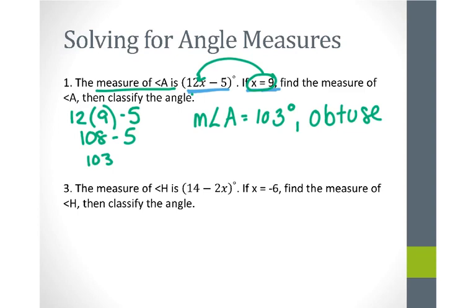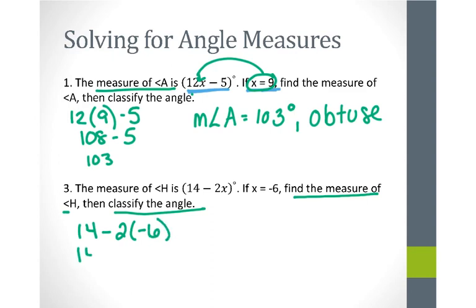Looking at number 3 off the notes now. The measure of angle H is 14 minus 2x. If x equals negative 6, find the measure of angle H, then classify. We have to do the same concept. So 14 minus 2 times negative 6.